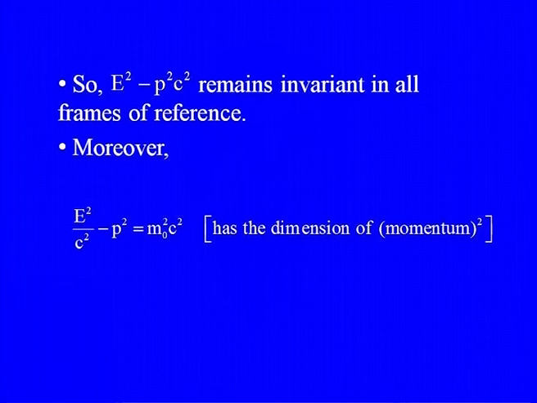All you do is divide the entire thing by c squared, and then you have E squared by c squared minus P squared, and the invariant quantity will come out to be m0 squared c squared. Now remember, m0 is the rest mass of the body, and c, of course, is the velocity of light. And m0 c has the dimension of momentum, and then m0 squared c squared has the dimension of momentum squared.